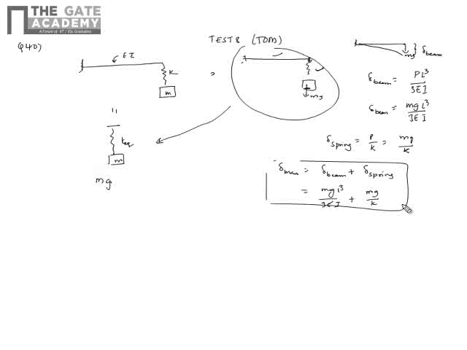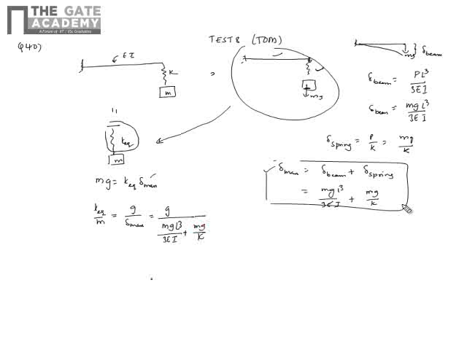Now if I replace this entire system by an equivalent one, it should also give me the same deflection, right? So the deflection of this will be mg by k equivalent, which is delta of mass. Now if these two deflections are equal, then I can say that this entire system has an equivalent stiffness k equivalent. So let's calculate k equivalent. k equivalent by m is g by delta mass, so delta mass is mg L³ by 3EI plus mg by k.